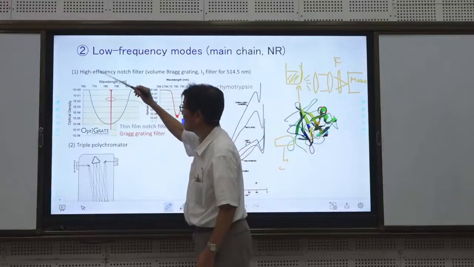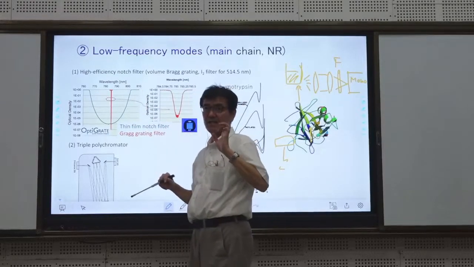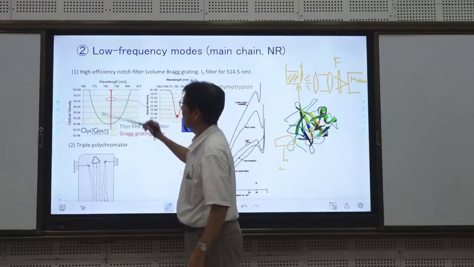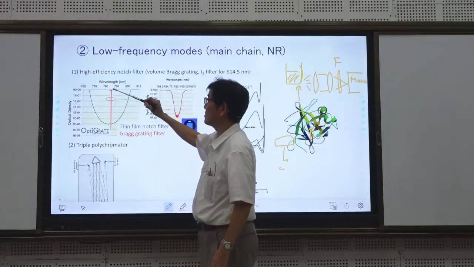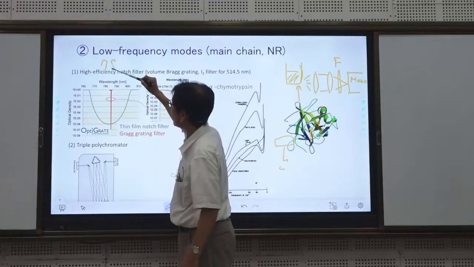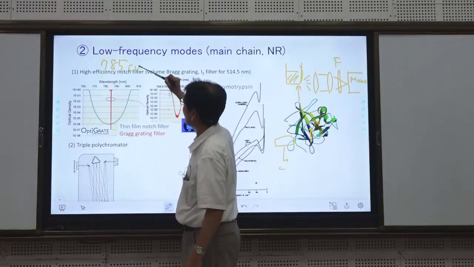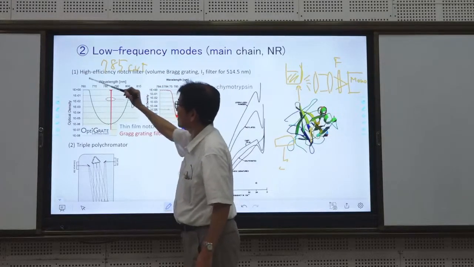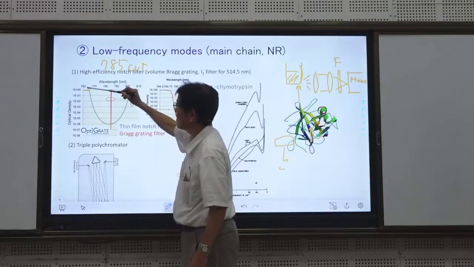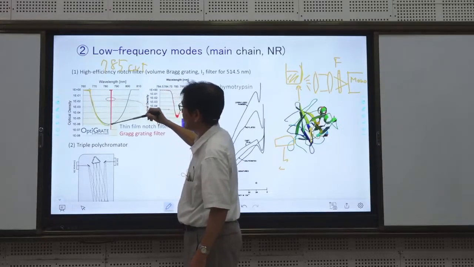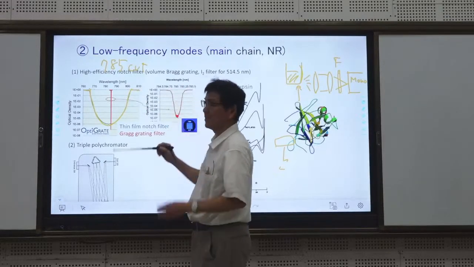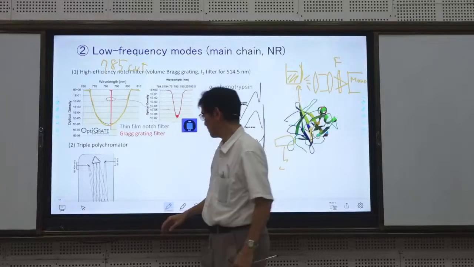Here is an example. When we purchase a cheap Rayleigh cut filter centered at 785 nanometer, the cheap filter cuts from 765 to 805. Okay, not sharp.